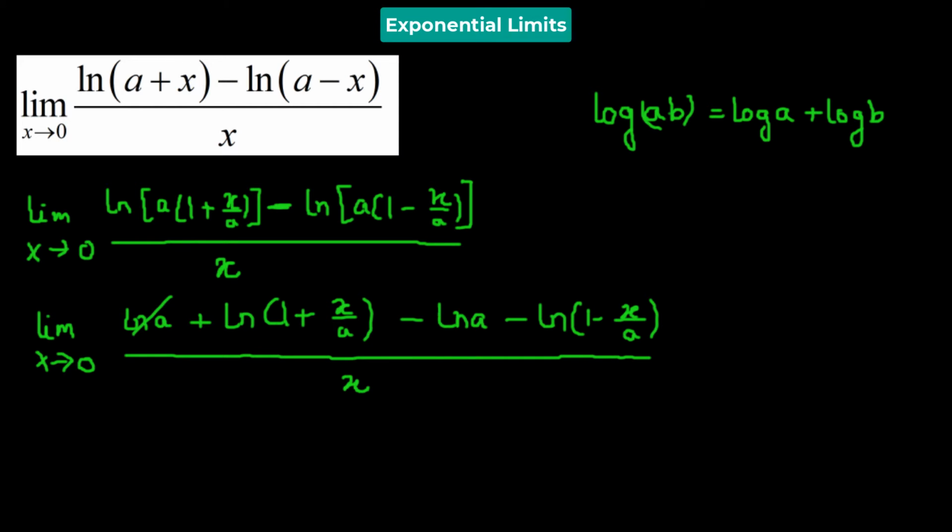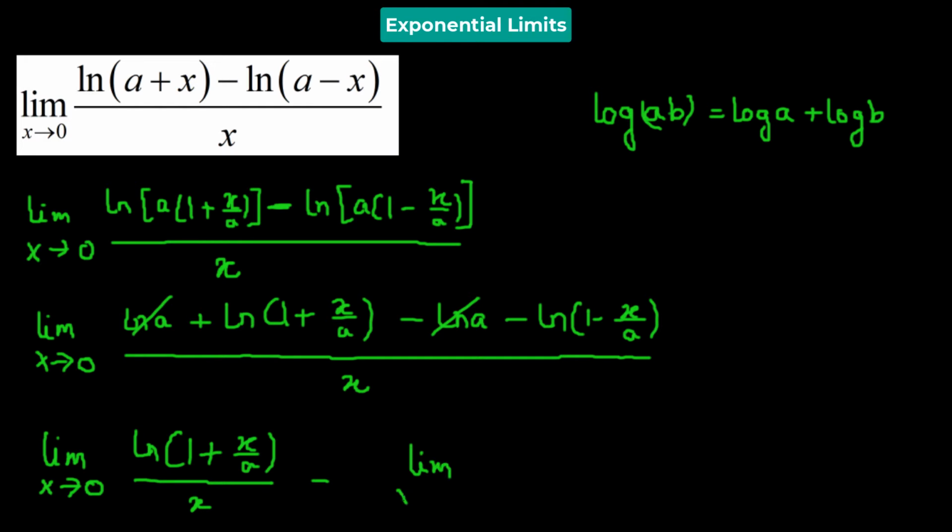So we can cancel the log a, which leaves us with the limit as x approaches 0 of natural log of (1 plus x over a) divided by x, minus the limit as x approaches 0 of natural log of (1 minus x over a) divided by x.